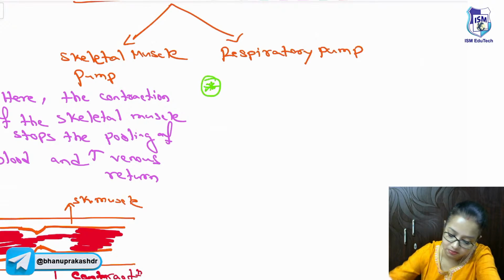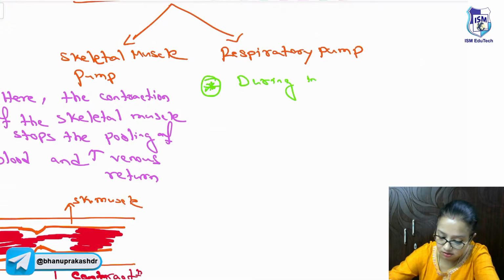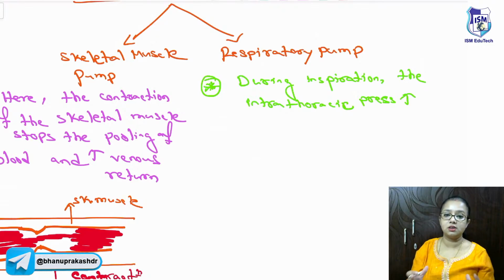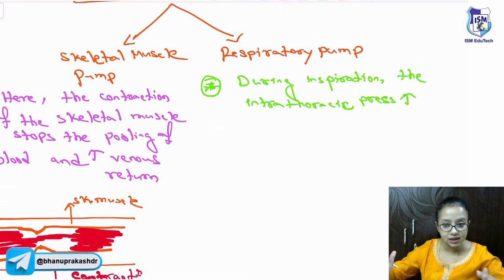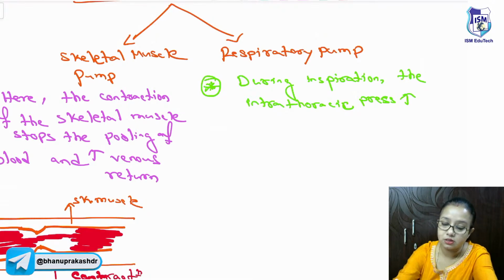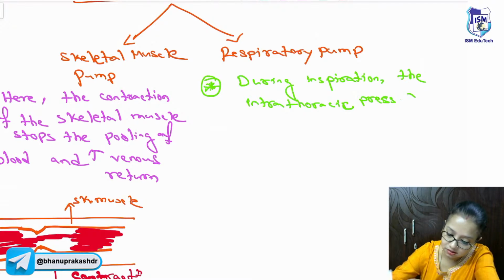During inspiration, the thorax expands, the chest cavity expands, as a result of which the intrathoracic pressure decreases.